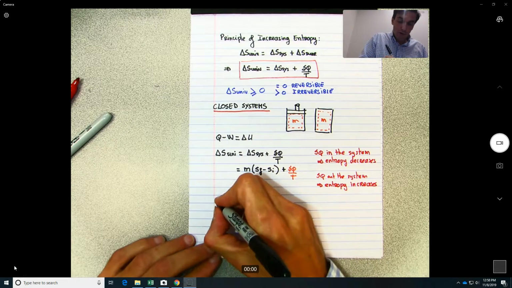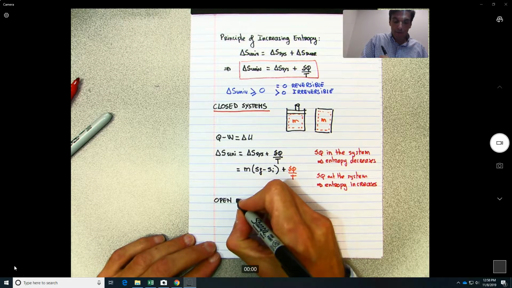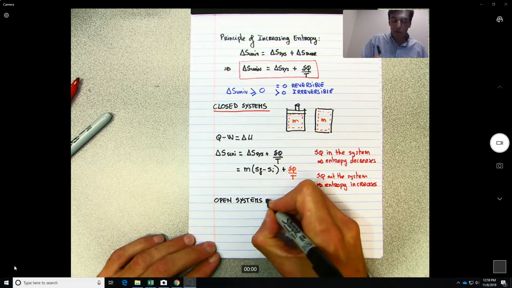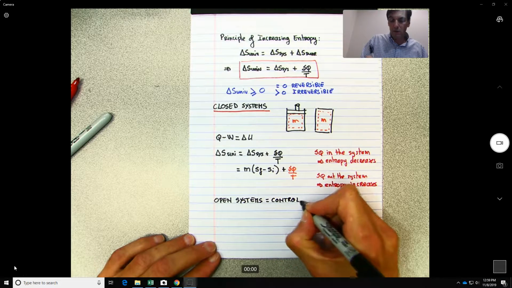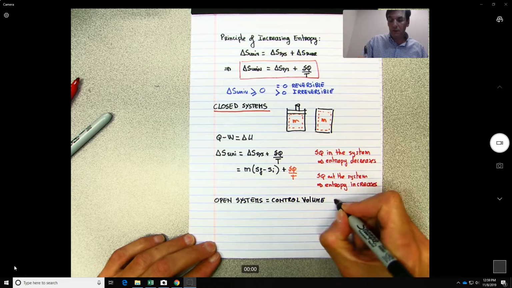And now for what I like to call open systems, but in most textbooks they are called control volume systems.